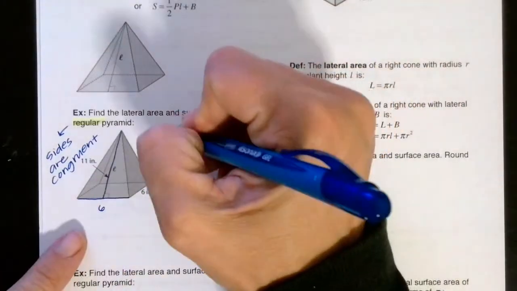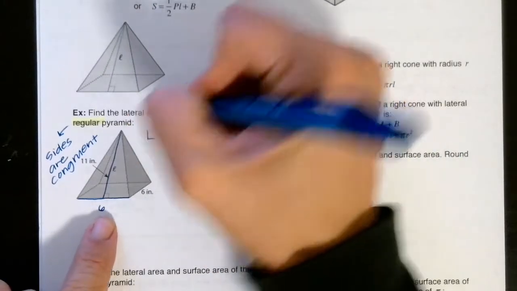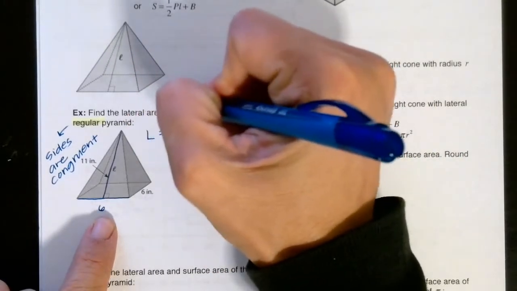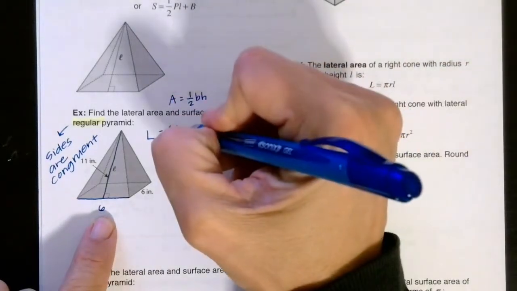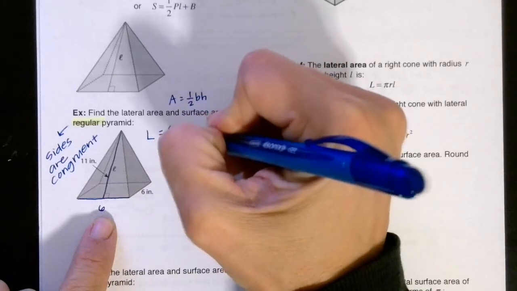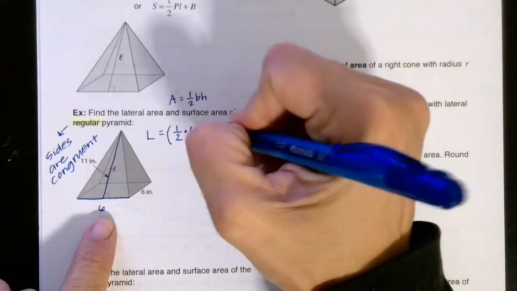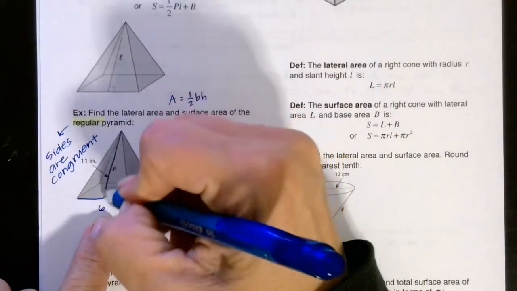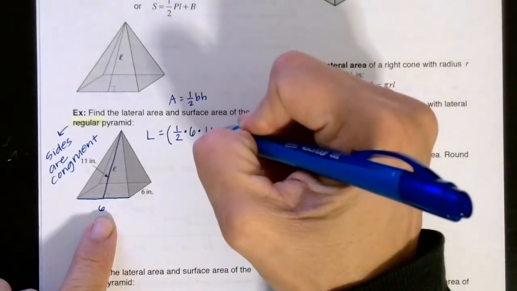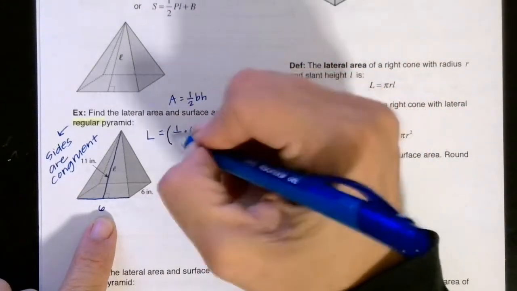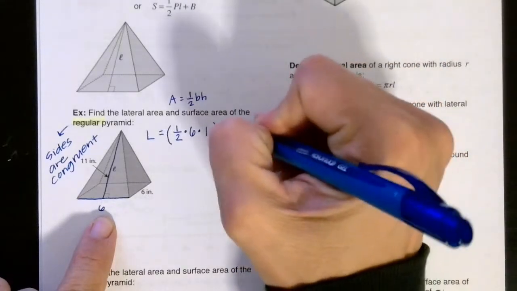So the area of a triangle is 1/2 base times height. The base is 6, times the height, which in this case is 11, because they draw that line up. It's perpendicular to the base. And then we are going to take all that, because that's the area of one triangle, and multiply it by 4.